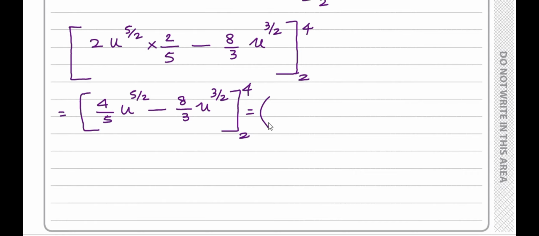So we will start putting smaller brackets here now. So 4 over 5, u becomes 4. So 4 to the power of 5 over 2 is square root of 4 to the power of 5, which is 2 to the power of 5, which is 32. Minus 8 over 3, u is again 4, square rooted is 2, 2 to the power of 3 is 8.